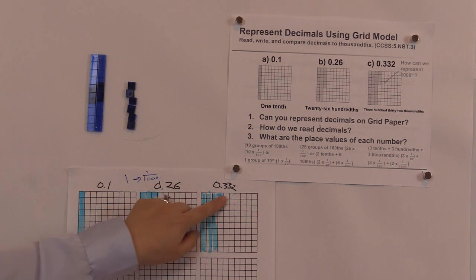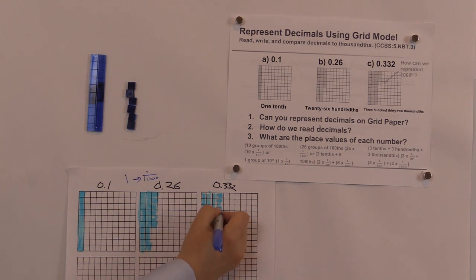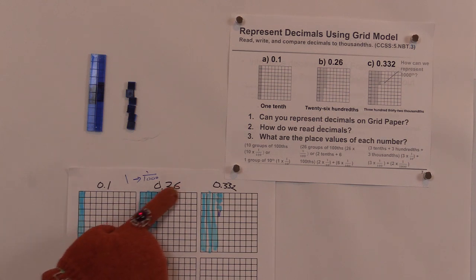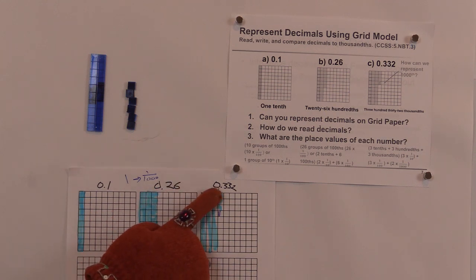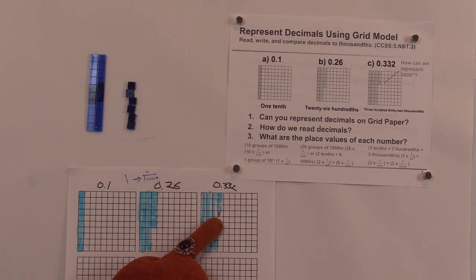How many thousandths do I need here? 2, right? So I'm going to draw 2 lines. So this is how we are supposed to represent numbers on the grid model. 3/10 plus 3/100 plus 2 thousandths, which we draw as a line here.